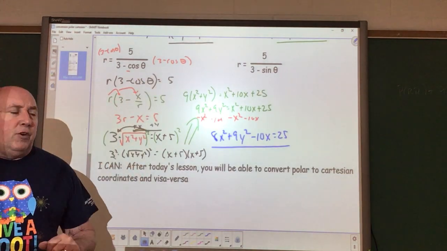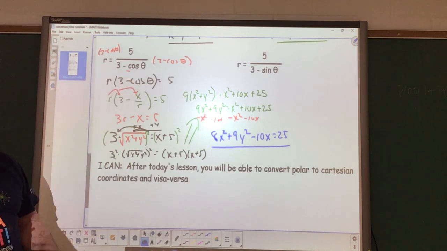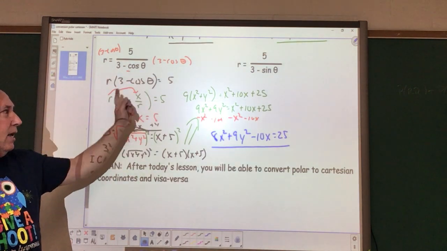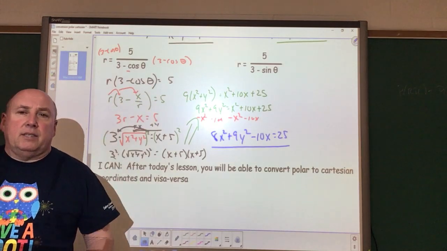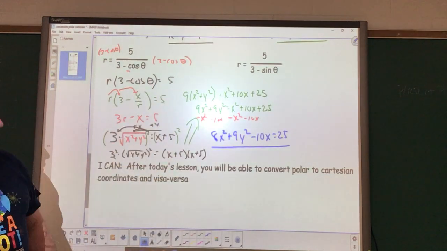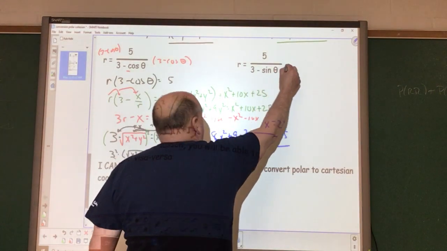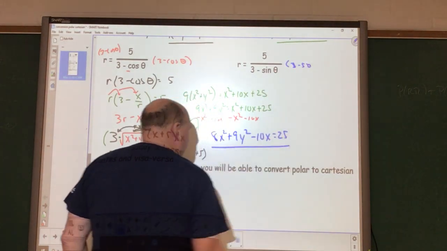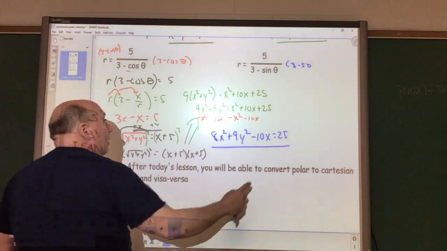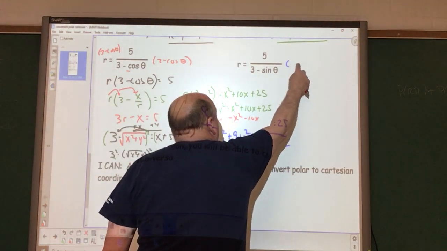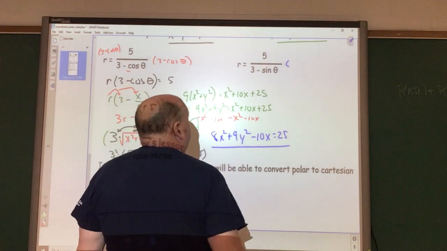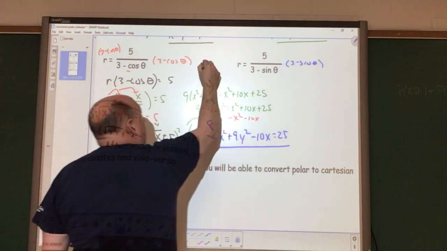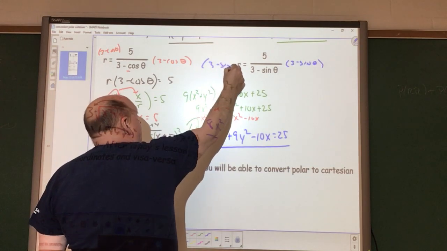The other problem I'll leave for you to do, but it's basically following the same thing we just did right there. If you follow along with what we did, it is the exact same process. Over there, we're going to multiply both sides by 3 minus sine of theta.